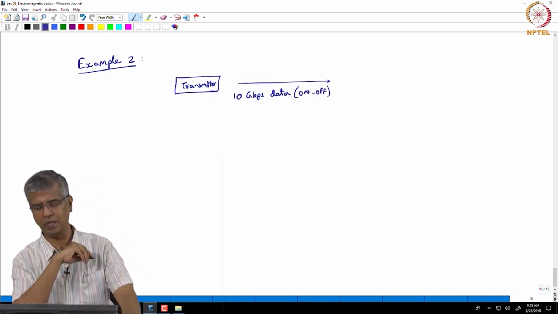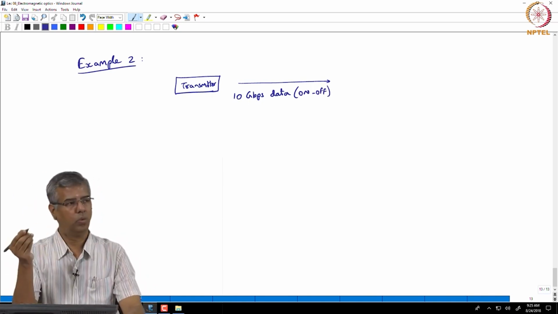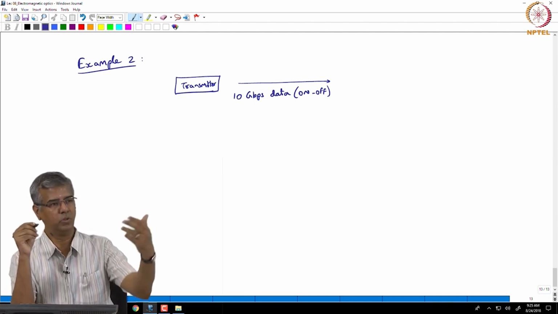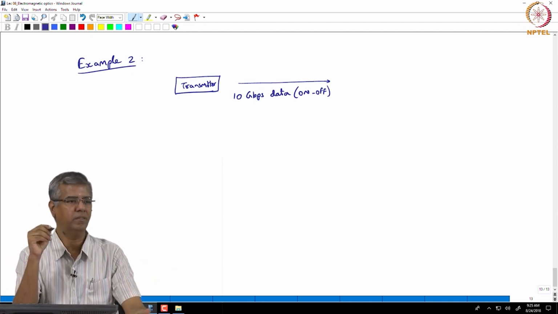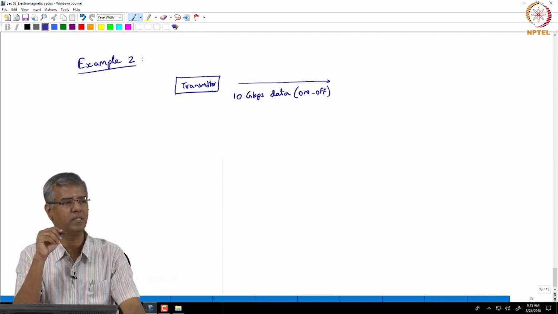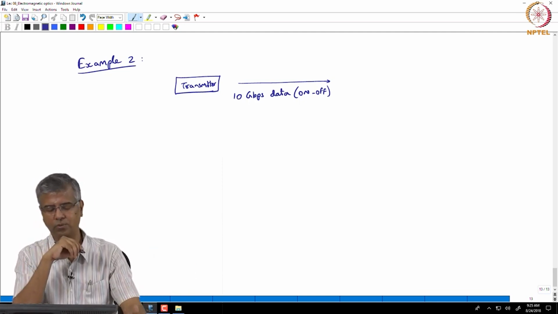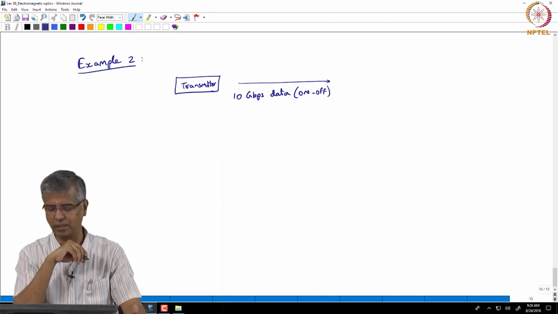What does on-off format mean? One would correspond to the laser being on, you have a bunch of pulses and a bunch of photons, and off is the laser is off. So you should not have any photons in the off condition.